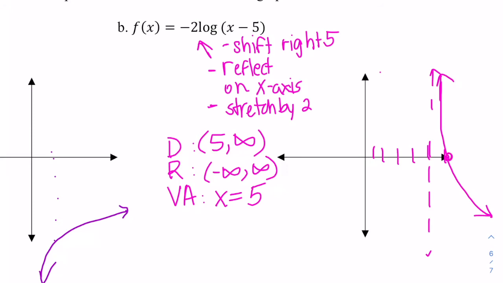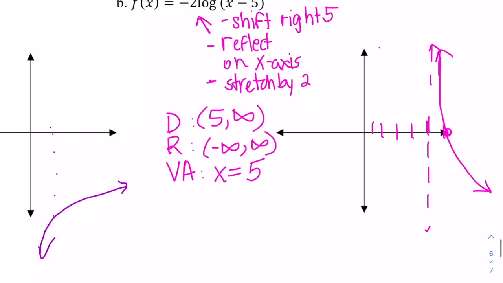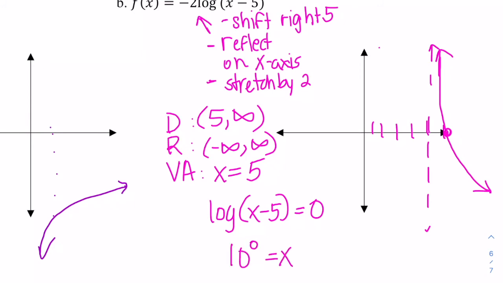And you can see that the x-intercept is also going to move. So if we wanted to double check, well, you can set this equal to 0. And the negative 2 will go away. Divide both sides by negative 2, and you'll have 10 to the 0 equals x minus 5. So that's just 1.